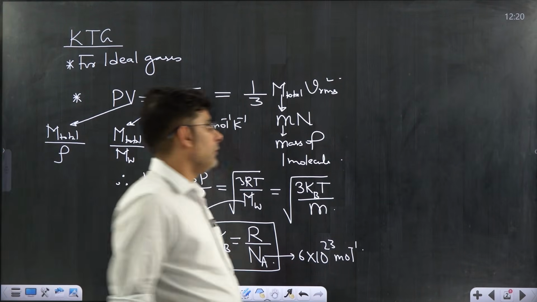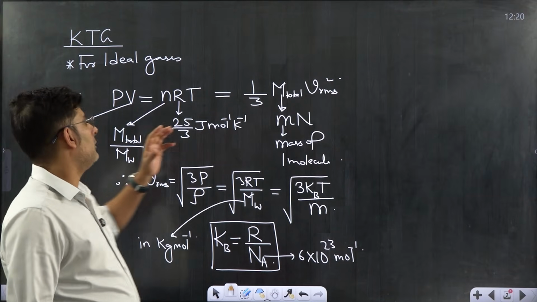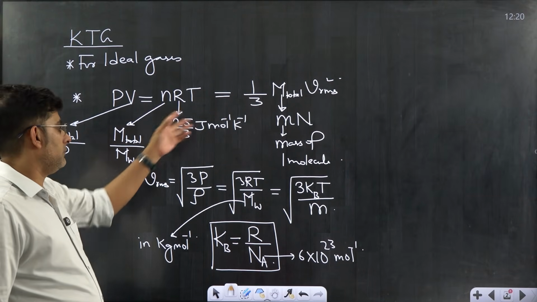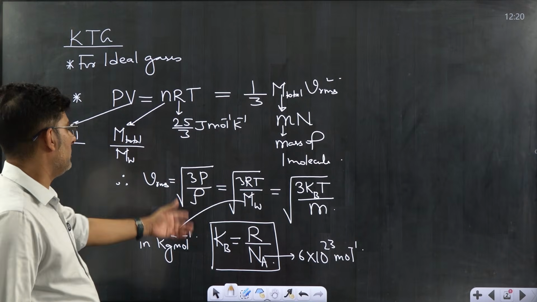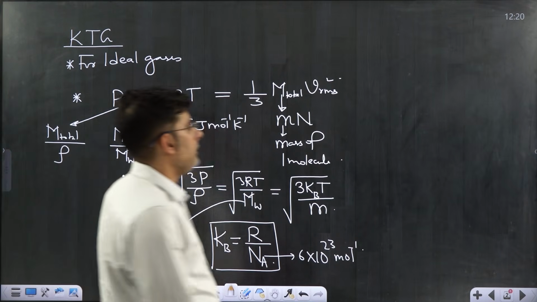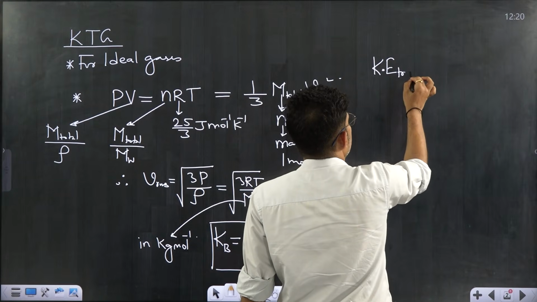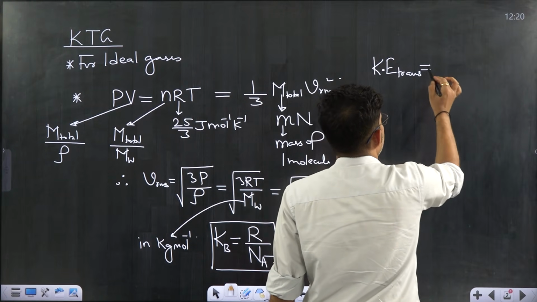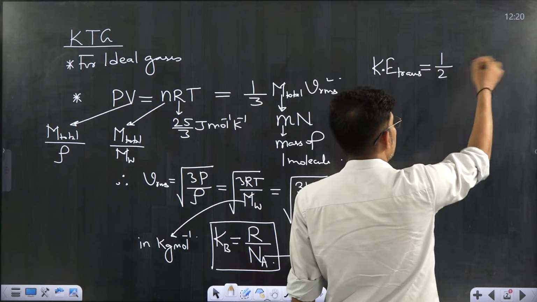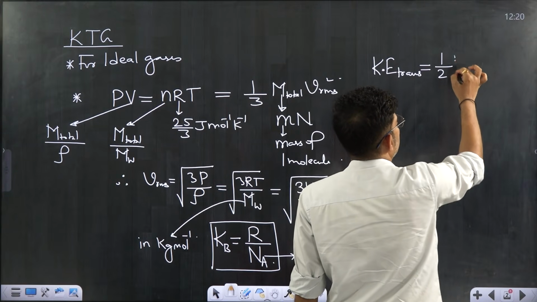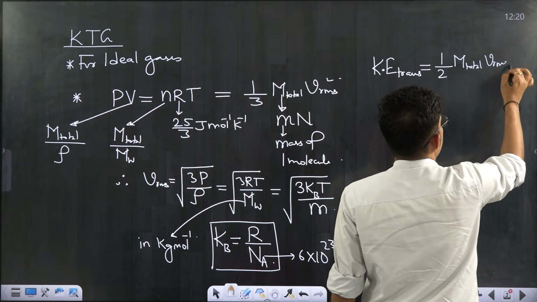Now, Maxwell's theory assumed that the kinetic energy was only due to translation of the molecules. Based on that, when we write the translational kinetic energy of the ideal gas molecules at any given temperature, adding all the kinetic energies, we get the final result as half m_total V_RMS square.